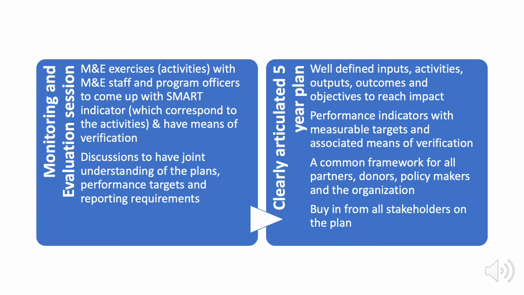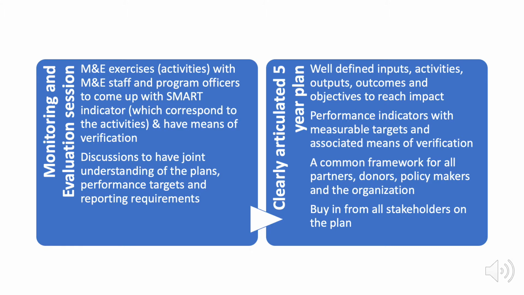The M&E session leads to the final product, which is a clearly articulated 5-year plan with well defined inputs, activities, outputs, outcomes, objectives to reach the impact. And there are the indicators with measurable targets which are verifiable.